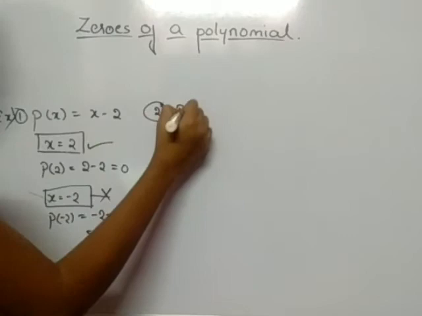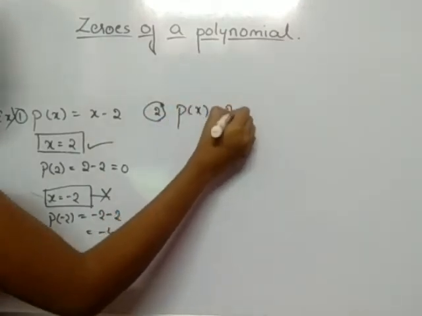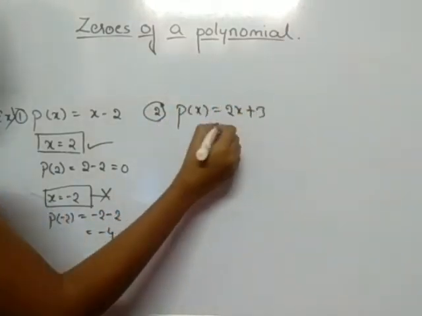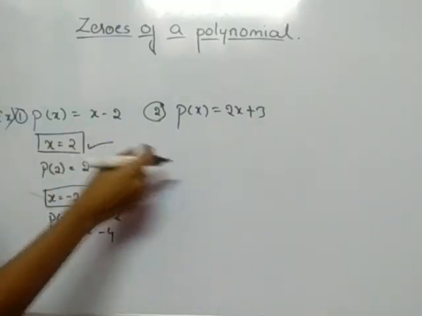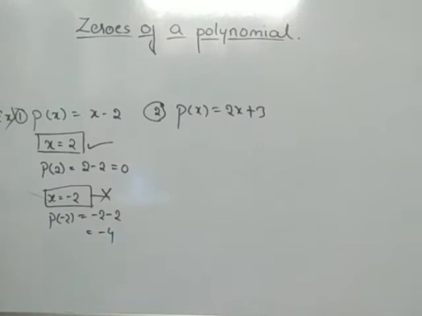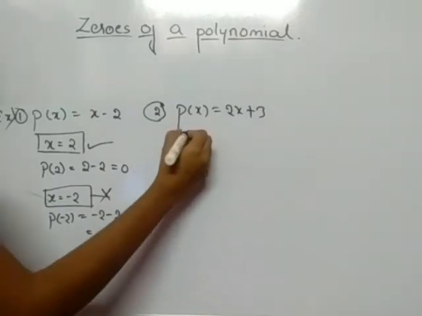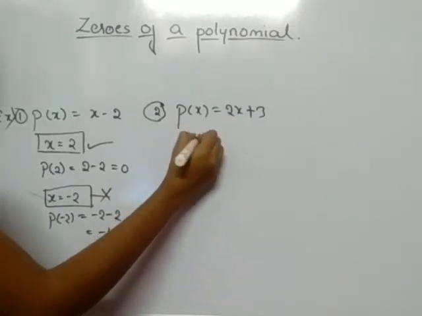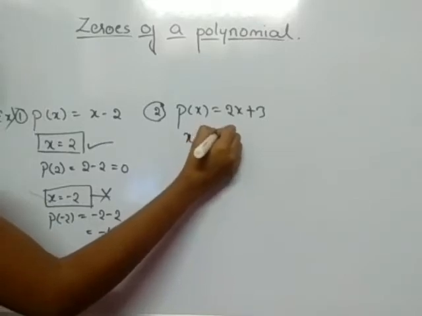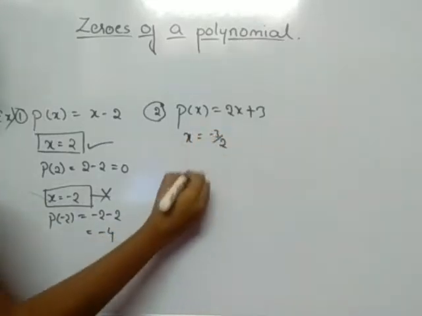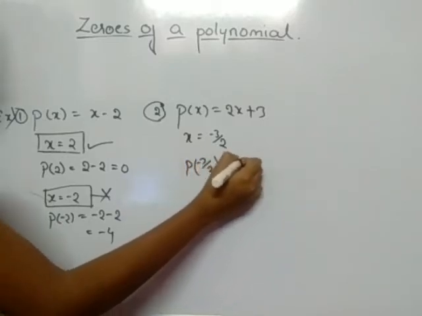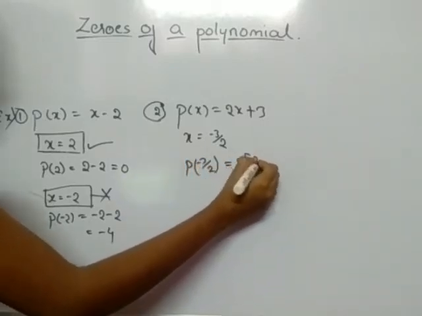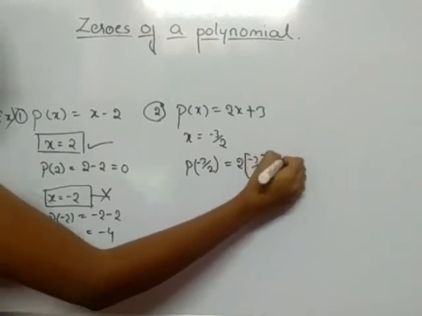We'll take one more example. P of x equals 2x plus 3. Here we'll put some value to make this polynomial equal to 0. I'm going to put x equals minus 3 by 2. Now P of minus 3 by 2 is equal to 2 into minus 3 by 2 plus 3.